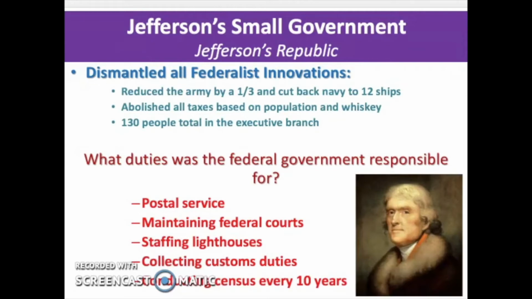They need to have safe international water safety in the lighthouses, collecting customs duties, so getting the taxes, and conducting a census every 10 years. That was, to him, the heart of the government. All the other stuff has to deal with the Congress, has to deal with state rights.